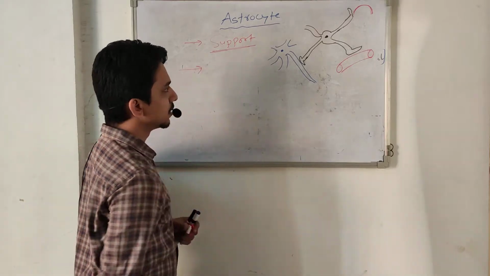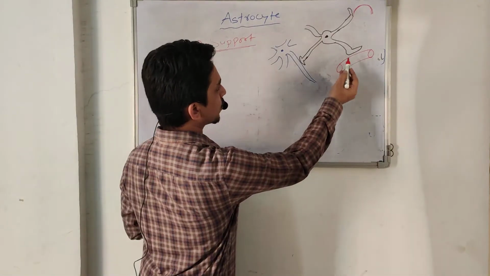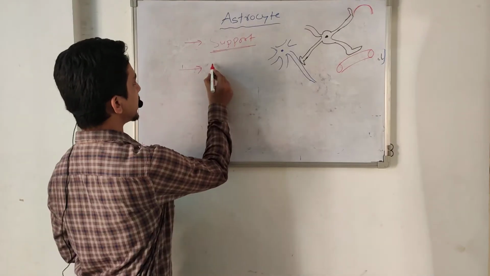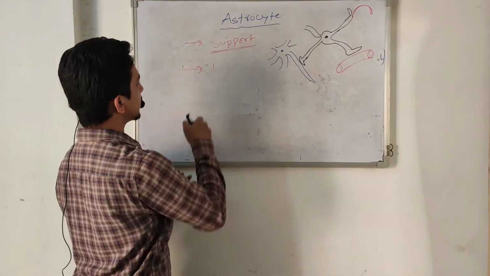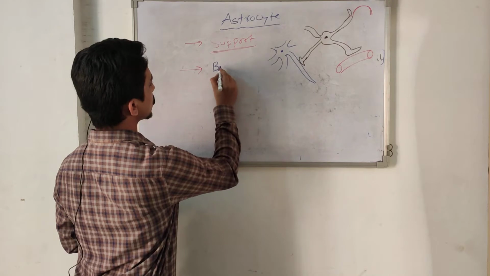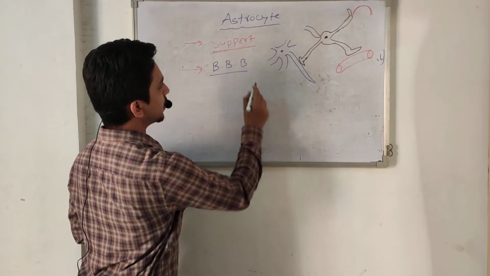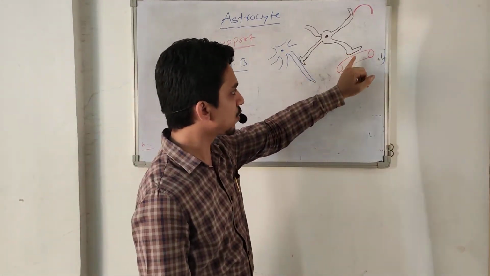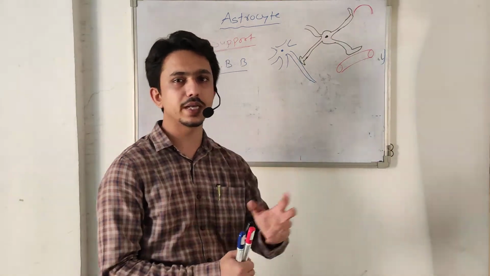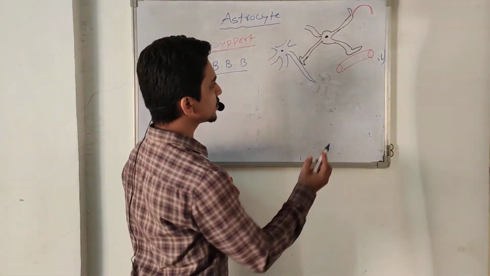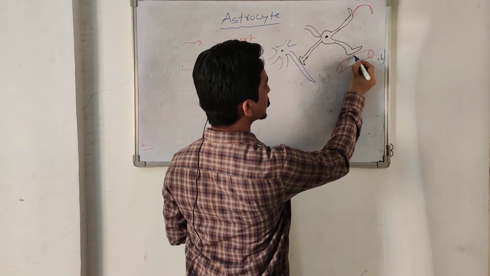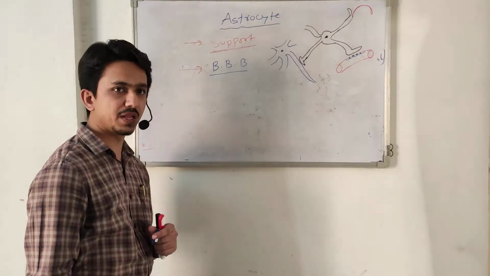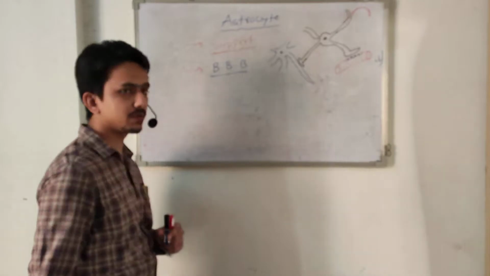The second function: their foot processes attach to the blood capillary, so they are responsible for the formation of the blood brain barrier, the BBB. Nowadays studies show that the foot processes of astrocytes are not a true barrier, but they produce substances responsible for the formation of tight junctions between two endothelial cells, which is actually the BBB.